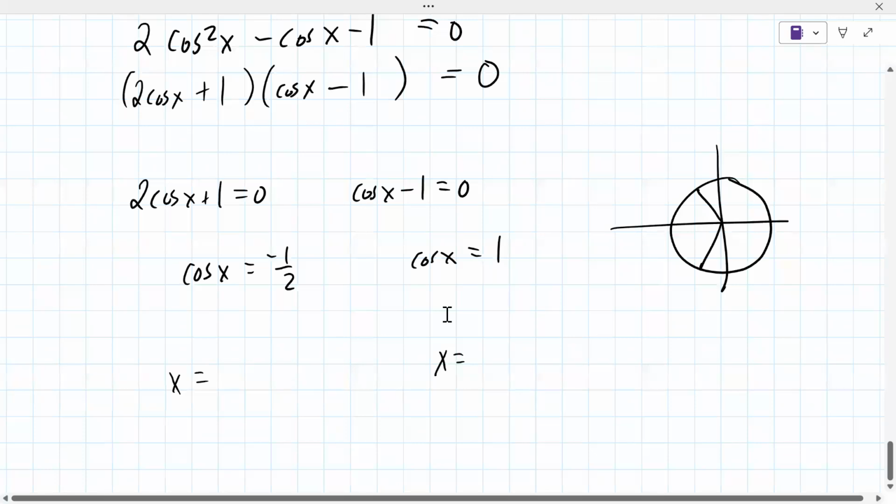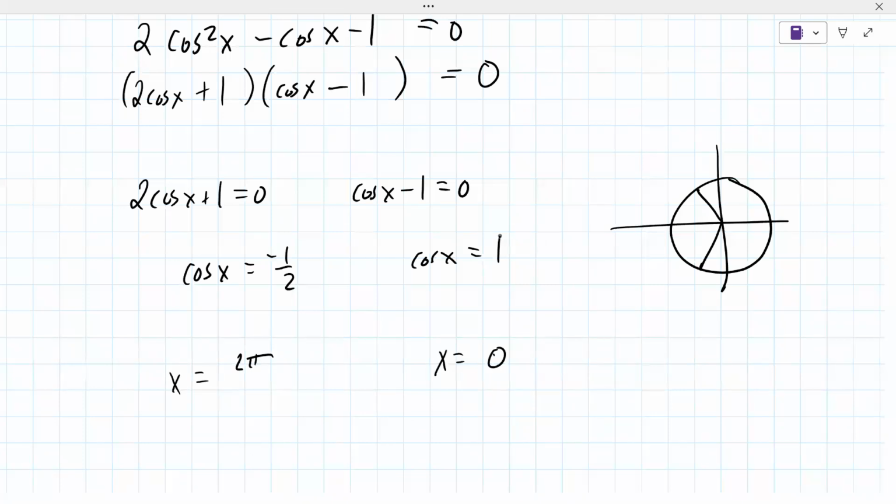Like where on the unit circle is that true? 0, 2 pi over 3, and 4 pi over 3.